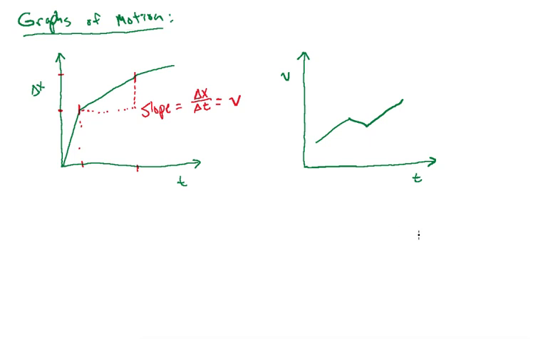And again, we could take a slope on here, say like from here to here, and we'd have some sort of change in time and some sort of change in velocity, and our slope here would then be a change in the velocity, that's our rise, over the change in time, that's the run.